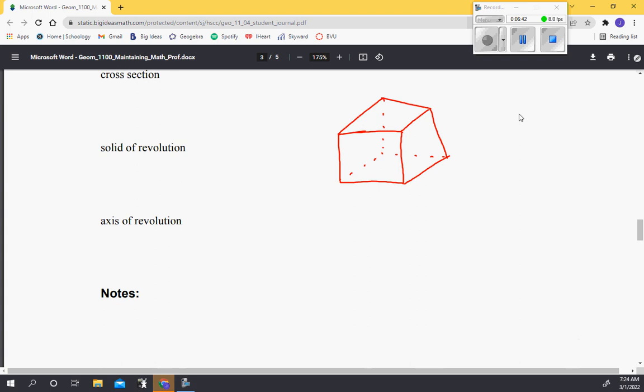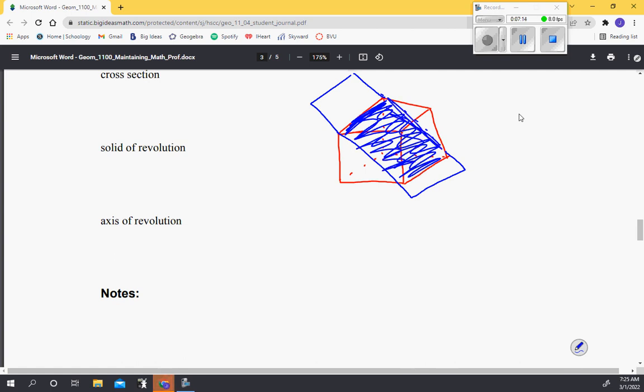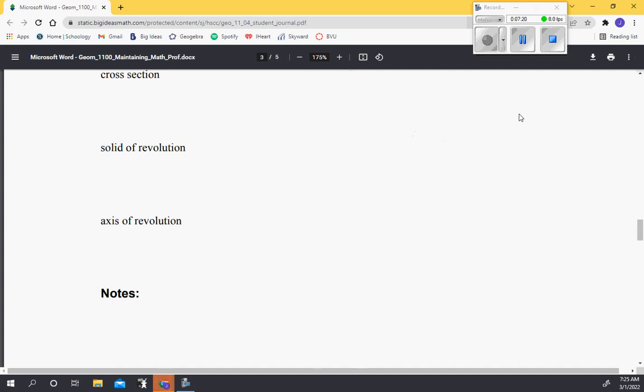Let's say I have this cube and I have a rectangle that kind of splits my cube into two parts. Okay. This right here, inside my cube, is the cross section, and it forms a rectangle. Okay, so we're going to be talking about what shape does the cross section create. In that case, it was a rectangle.